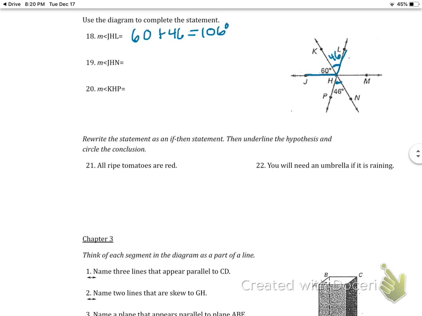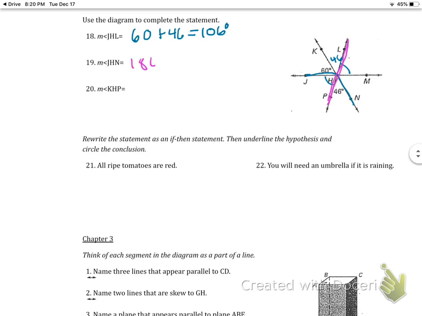Our next one up is to find JHN. I'm going to clear what I just had with my picture so I can use other information. I don't mind leaving this knowing it's 46 degrees. But now we want to find JHN, which is this part of it. Well, we know nothing other than this is vertical angles, or we can use the fact that right here is a straight angle, so we know that that's going to add up to 180. That might save me some time.